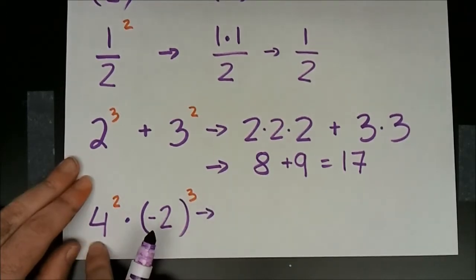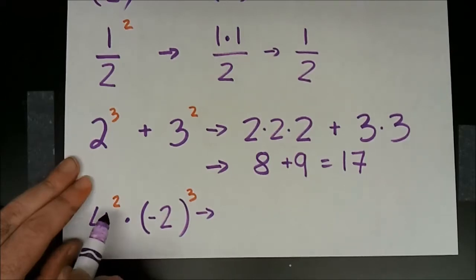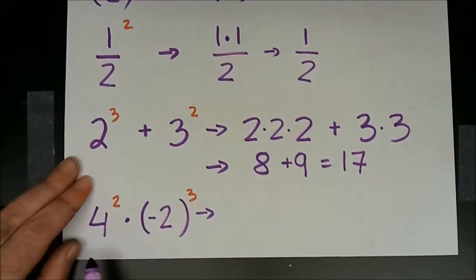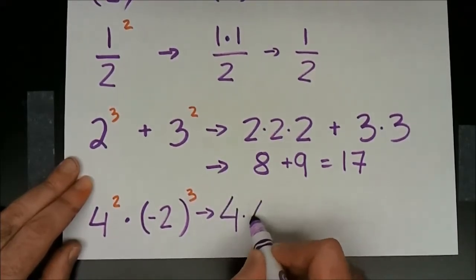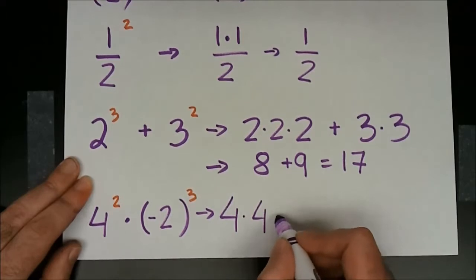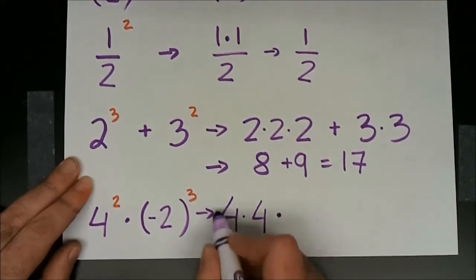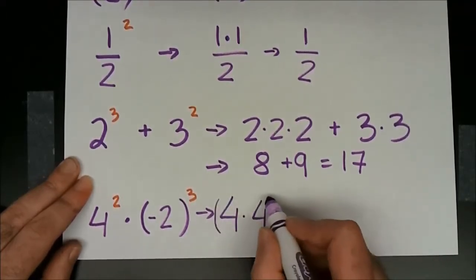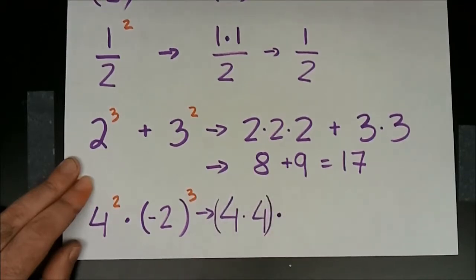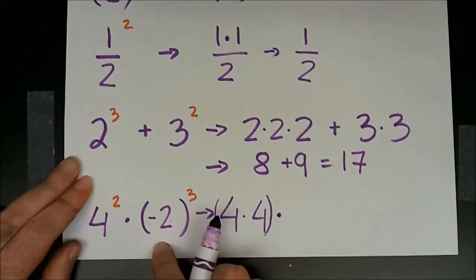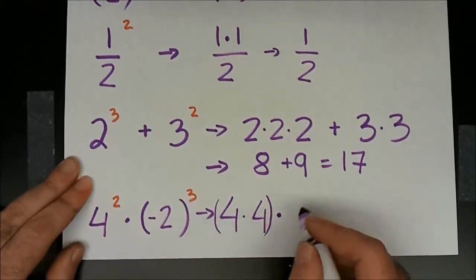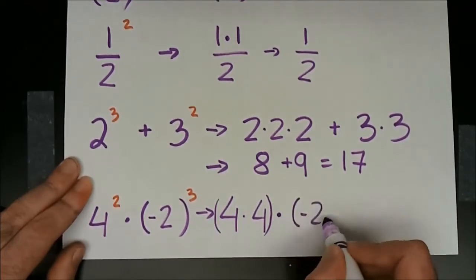How can I represent this outside of its exponential form? Exponent 2, base 4, multiply the base against itself twice. And then times, and I'm going to put a parenthesis around this because we'll need to work this out first. And here we have the base negative 2, exponent 3. I need to multiply the negative 2 against itself 3 times.